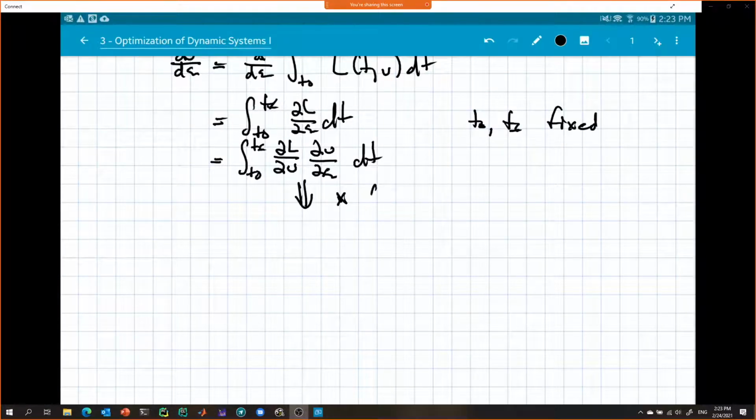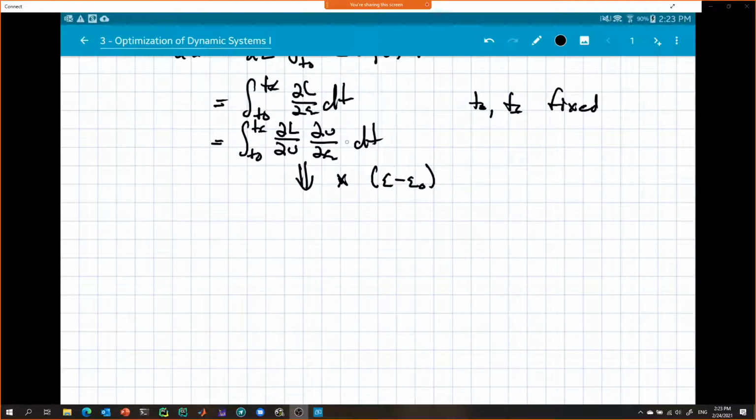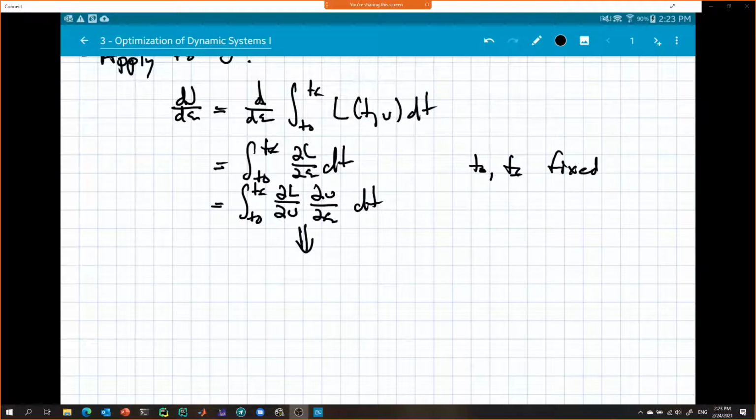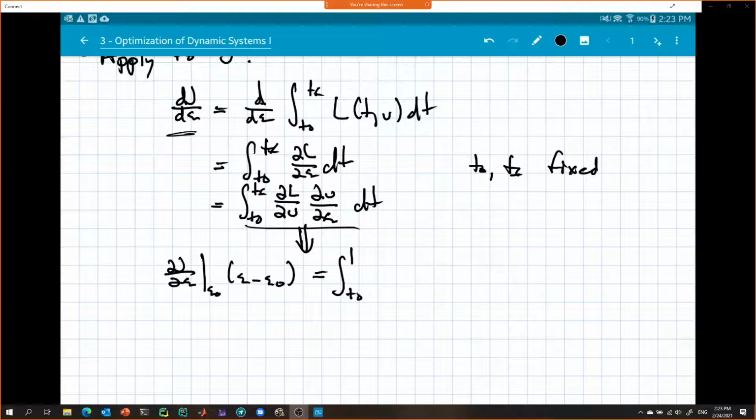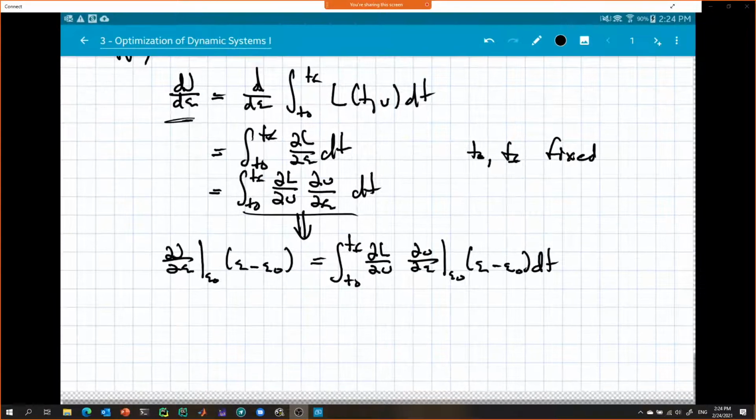Then we evaluate this at epsilon naught, and multiply both sides by epsilon minus epsilon naught.